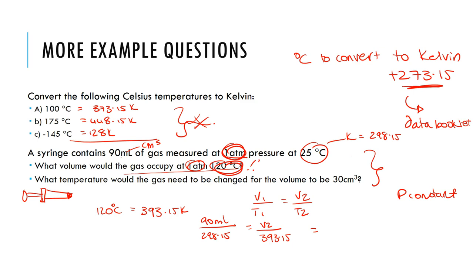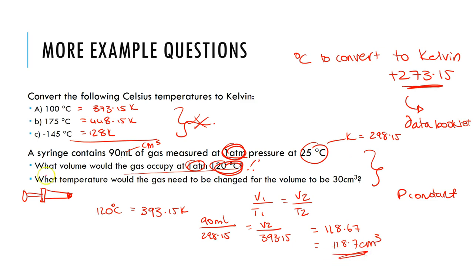remembering that we have increased our temperature, so we would be expecting our volume to increase as well. Okay, because this is a direct proportionality, not inverse like Boyle's law. And we will get, according to this, 118.67, or rounding that up, so it'll be 118.7 centimeters cubed will be our final volume.